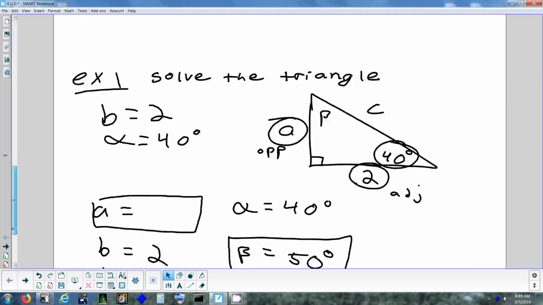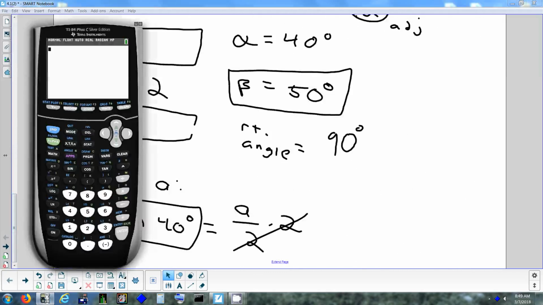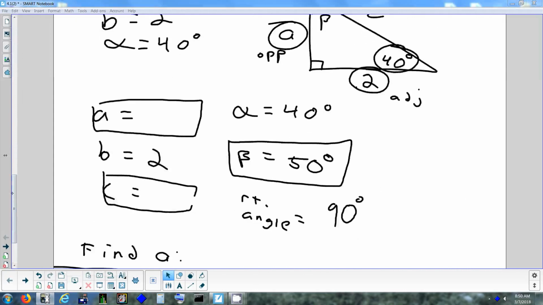All right, so let's type it in. 2 tangent 40. I still got to change my mode to degrees. As long as I don't hit enter, I can still change it before I hit enter. Right, and we get a side length of 1.68.